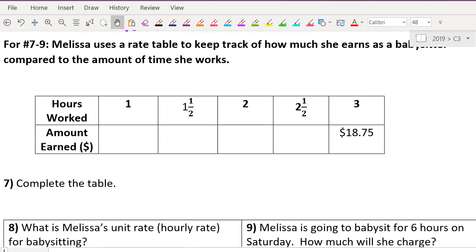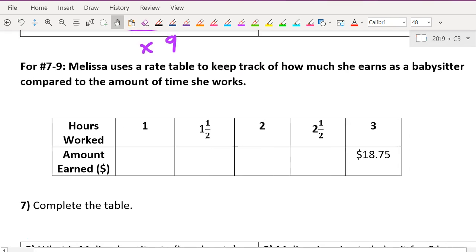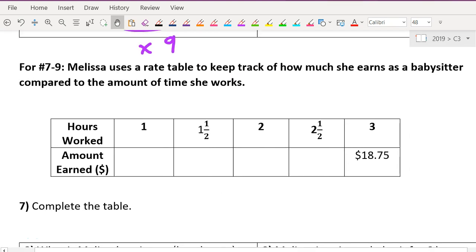All right, who wants to try this one for Melissa? Tara, go ahead. Noah.